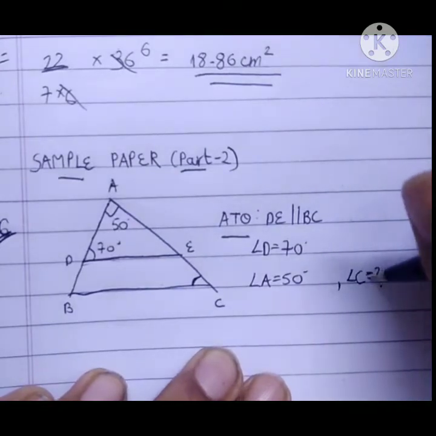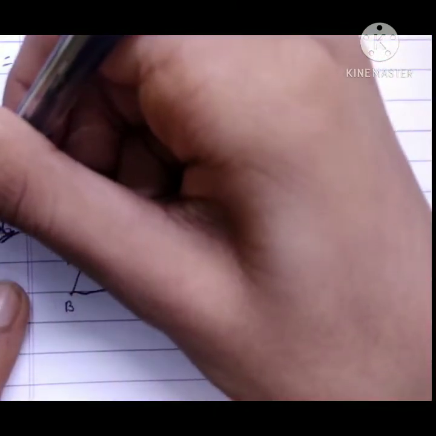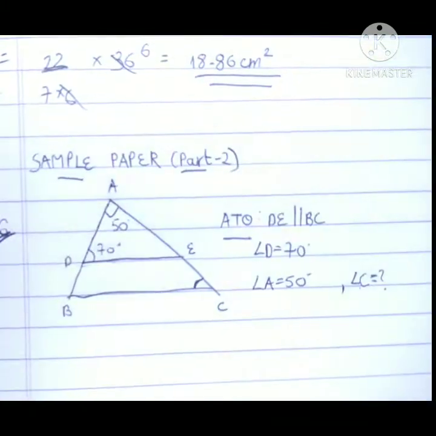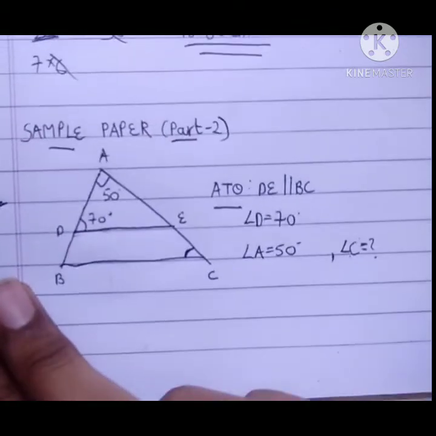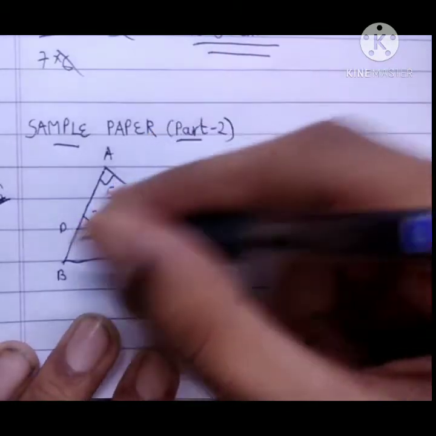This is a question of chapter 6 of class 10 maths NCERT board. Chapter 6 is on triangles. So how can you do this question? This is a very simple question. First, we can see that there is a triangle ADE.